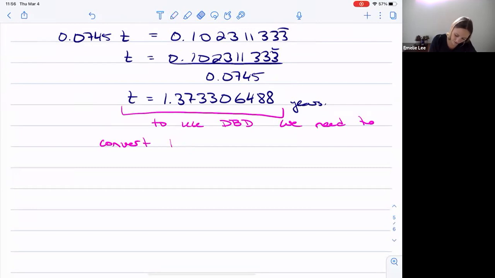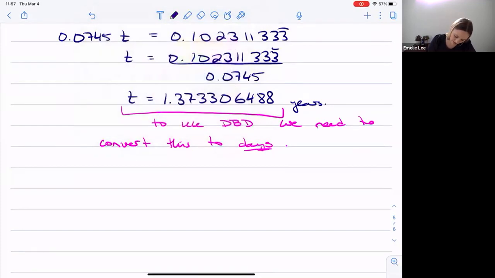I'm so used to going the other way around. If I have 1.37 years, there are 365 days in a year.